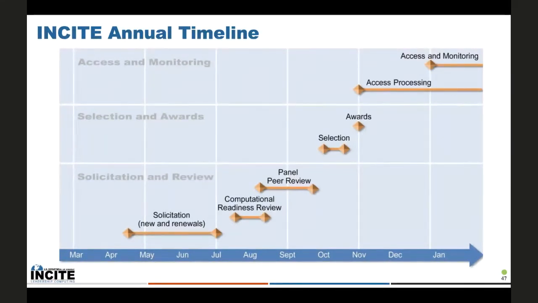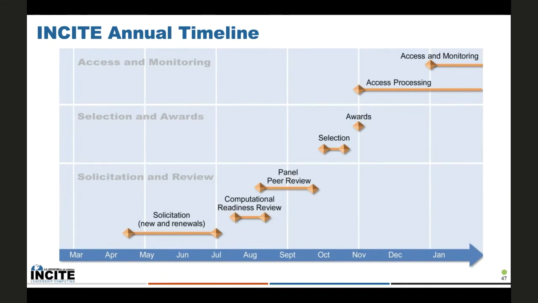what the actual date is for this particular year. Right after the solicitation, a computational readiness review process starts. This process will be followed closely by external scientific panel review, which usually starts in the second part of August and September. After that, we have the selection phase, where both facilities will hold meetings and decide, based on the outcome of the peer review, which proposals will be granted.